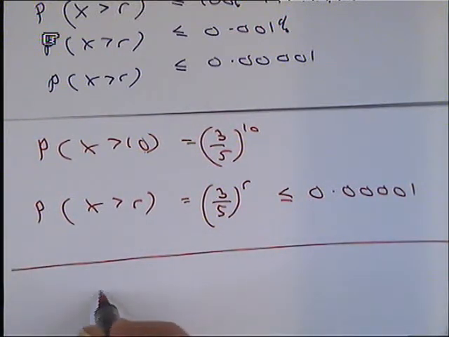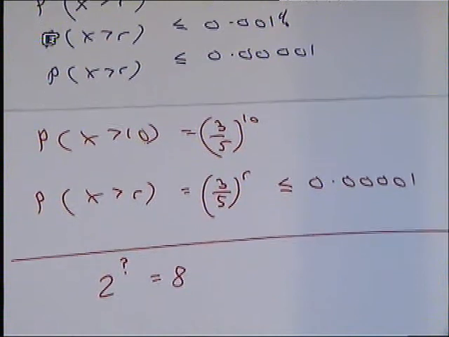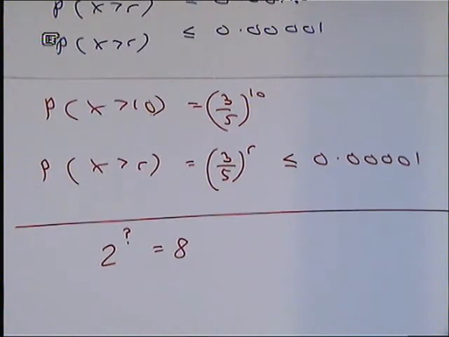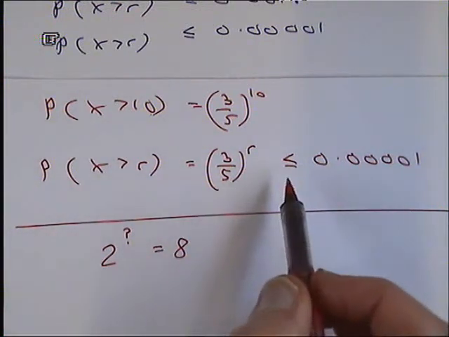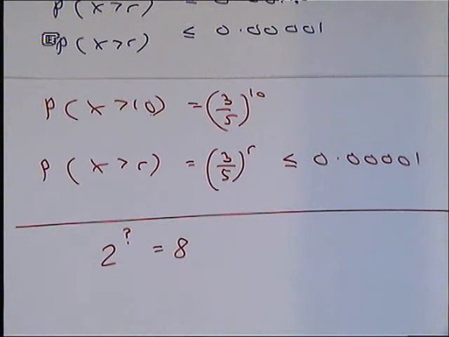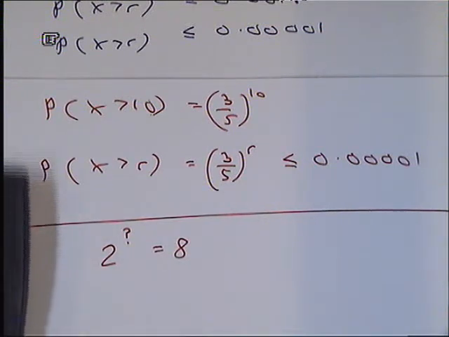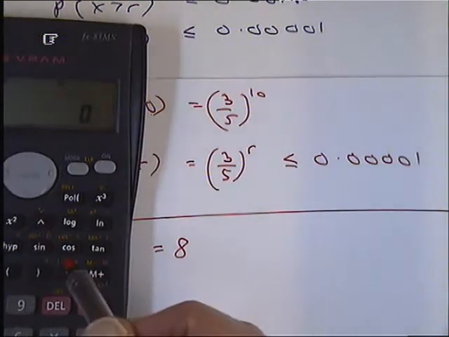If you had 2 to the power of something was 8, and you had to find out what the something was, you either get the answer because you know it's 3, or you get it by trial and error. You could use trial and error here, but I want to show you a new way that will be dealt with in core maths later on. You use the log button on your calculator, which you may not have used before.